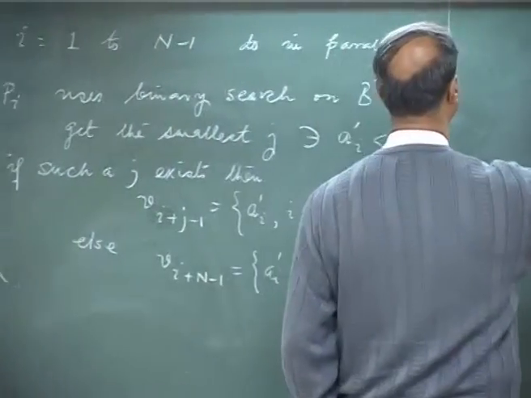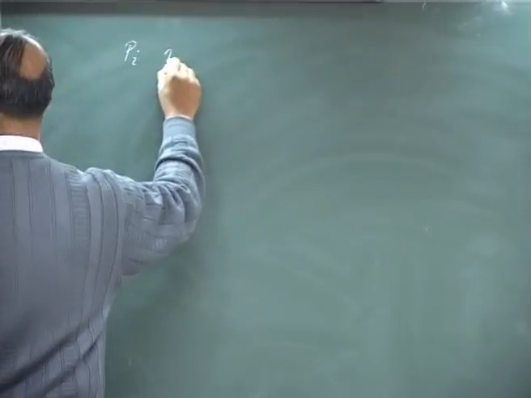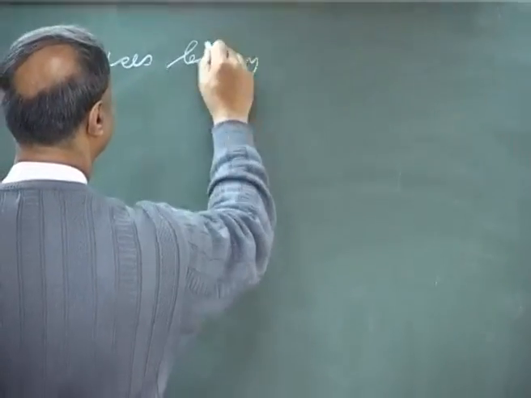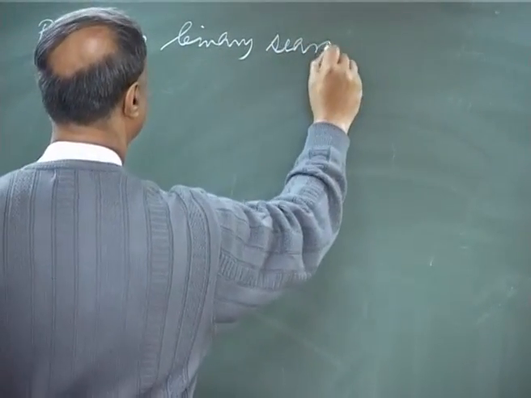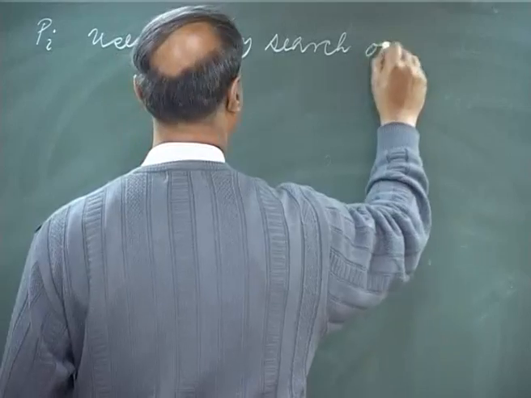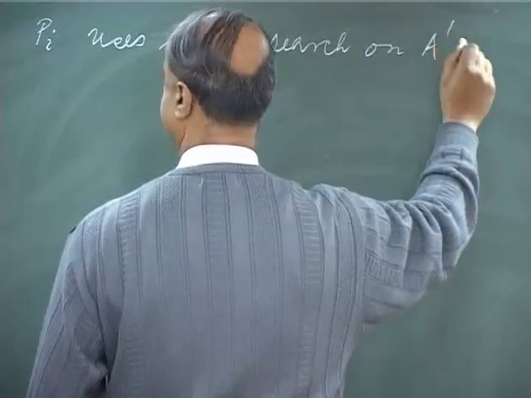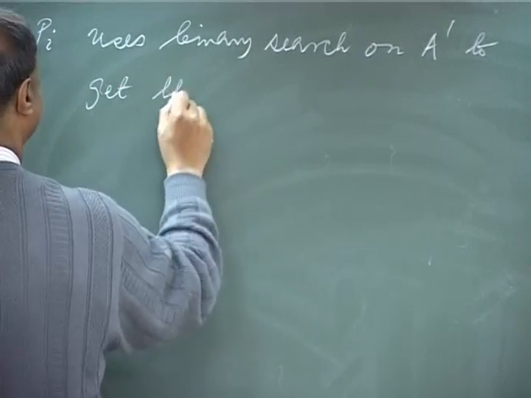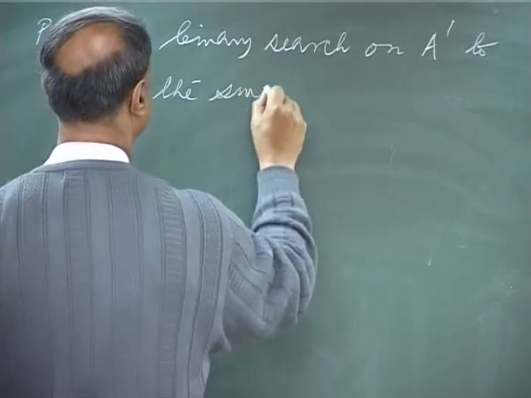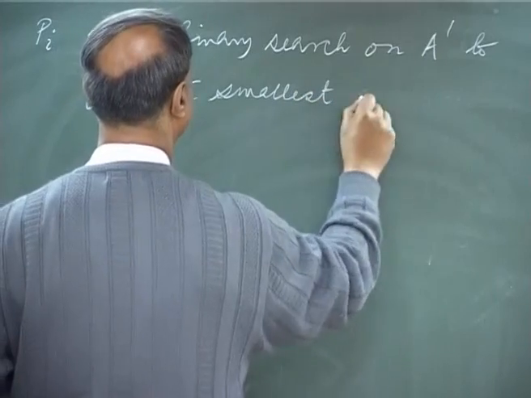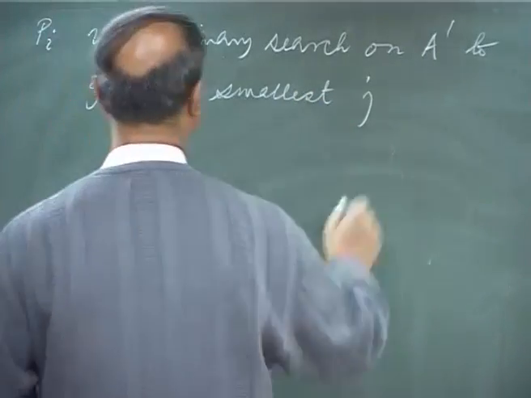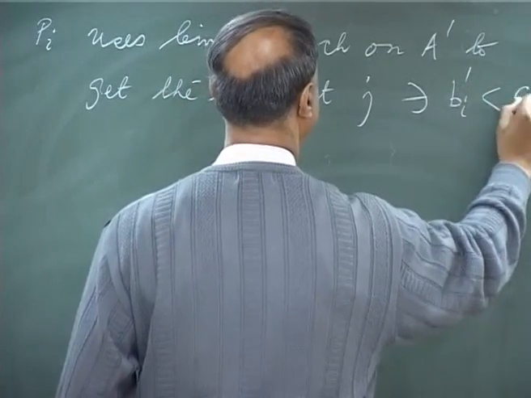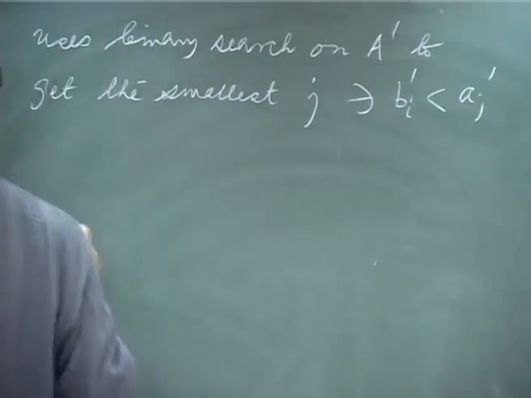So 2.2 will be P_i uses binary search on A dash to get the smallest j such that B_i dash is less than A_j dash.